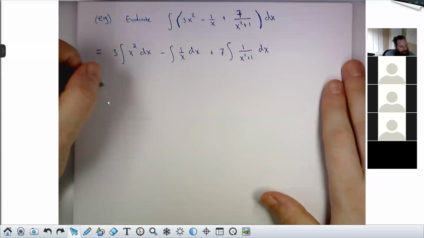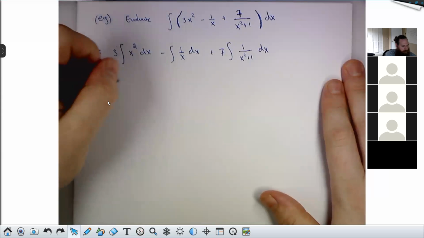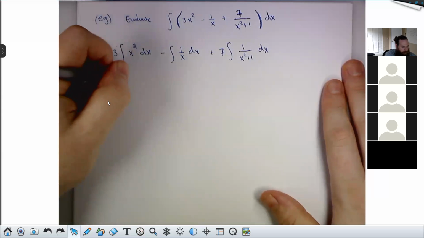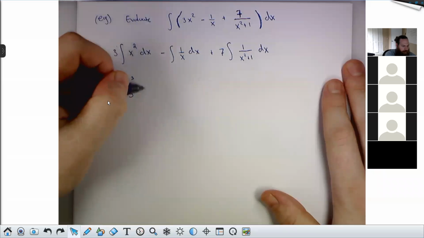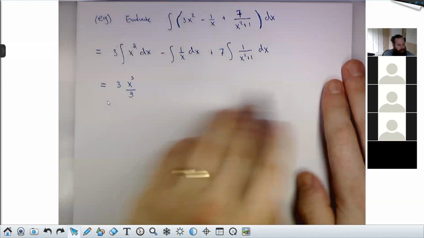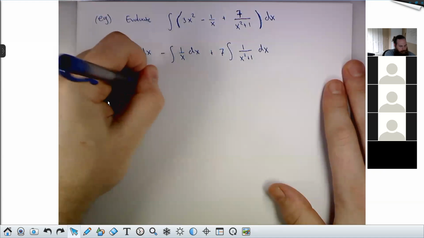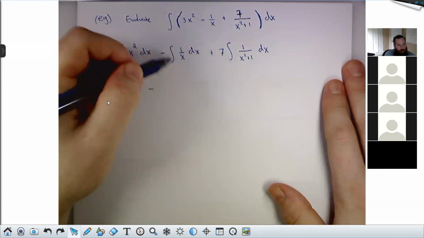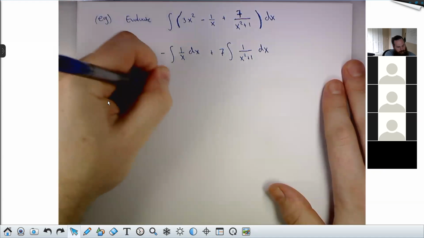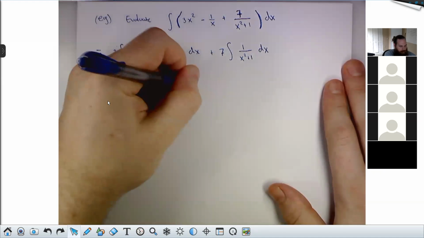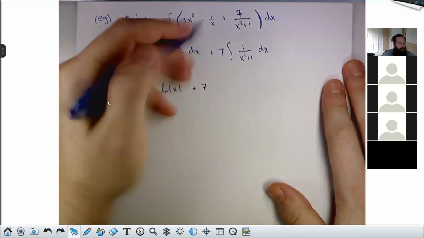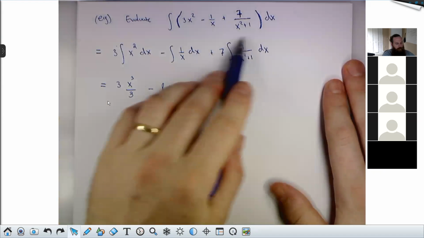Which means when I compute the integral here, I'll have 3, and then the integral of x squared is x cubed over 3. And I could write a little plus C1 here, but instead I'll just write it at the end. Minus the integral of 1 over x is the natural log of the absolute value of x, plus 7 times, somebody help me with this one.